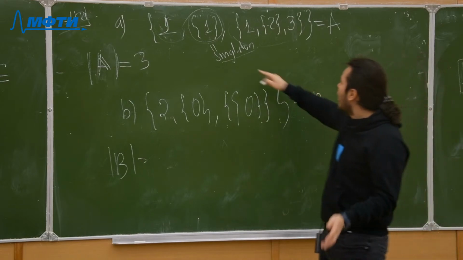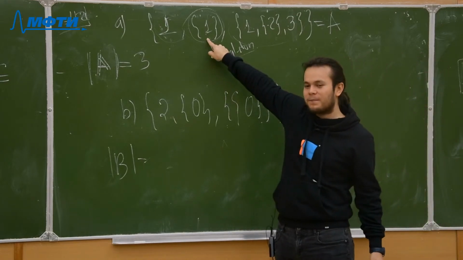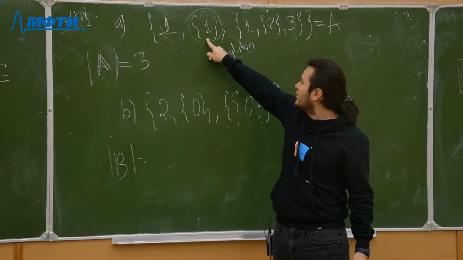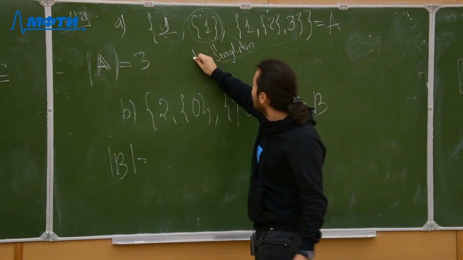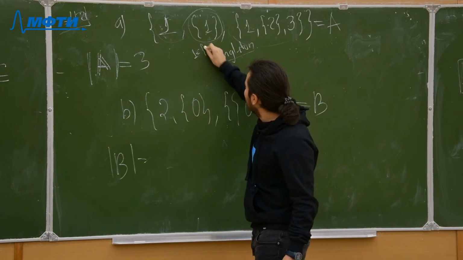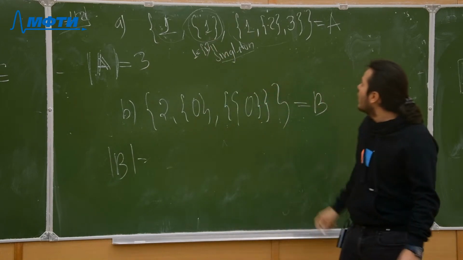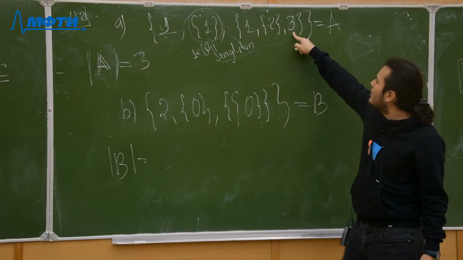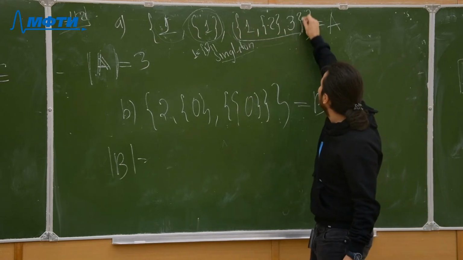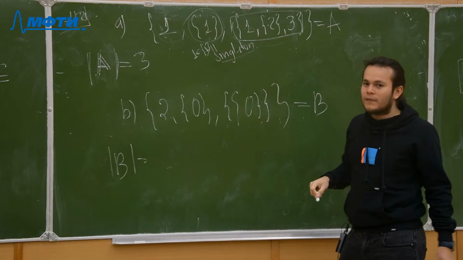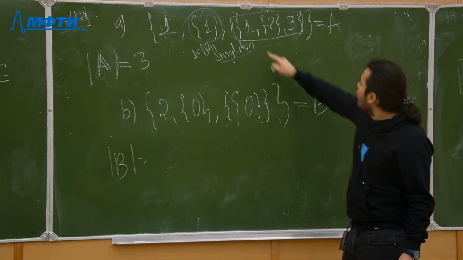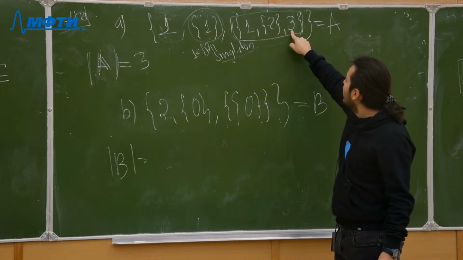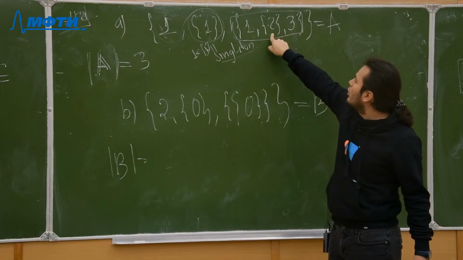So how many elements are in this set? 1. So 1 is an element of this set. Good. What about this? How many elements are in this set here? 3. Yes. So we have 1, 2, and the singleton of 2.